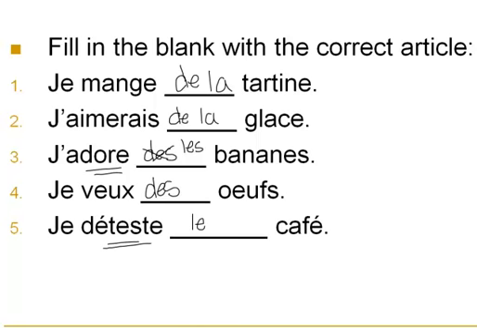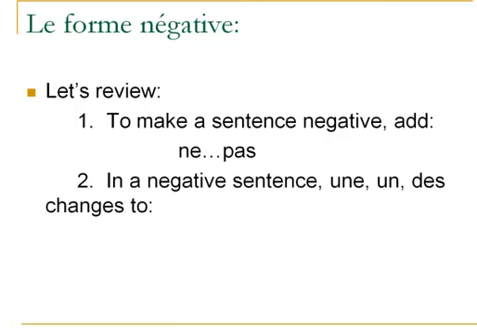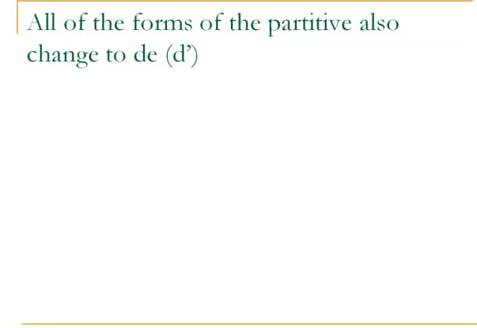Alright, now one other point I want to make. If you're going to use these sentences in negative statements, remember to make a sentence negative, you always put ne and pas around the verb of the sentence. And also in negative sentences, and this is something that's easy to forget, the words un, une, and des must change to de or d'. All of the forms of the partitive also are going to change to de or d'.